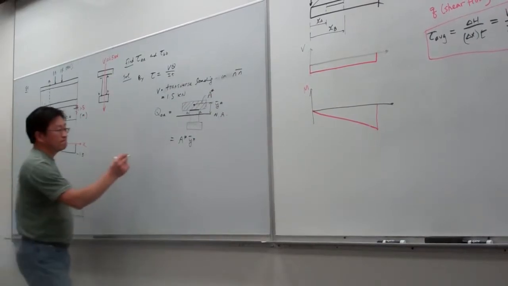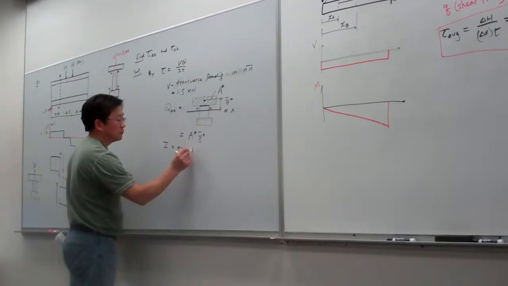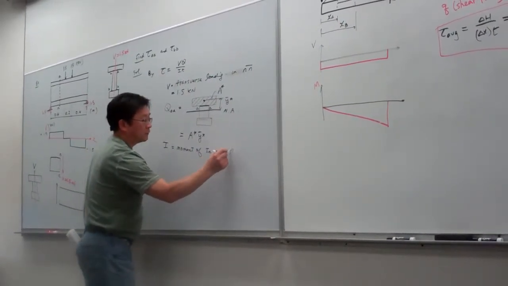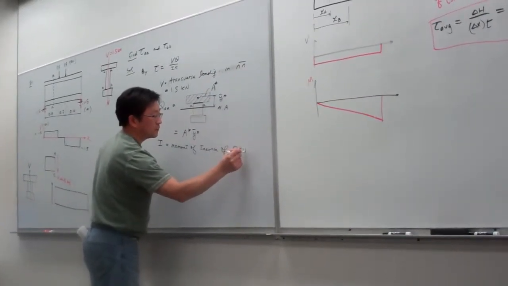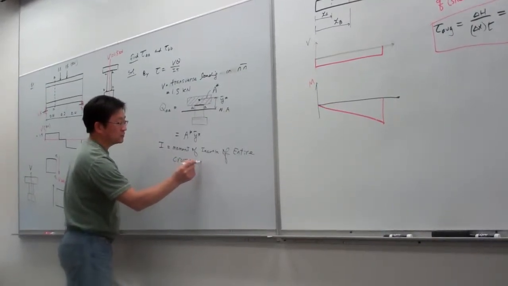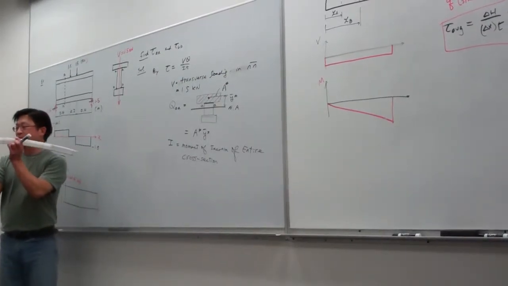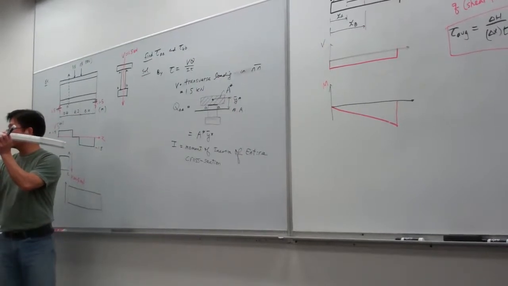And I is the moment of inertia of the entire cross section with respect to the neutral axis.